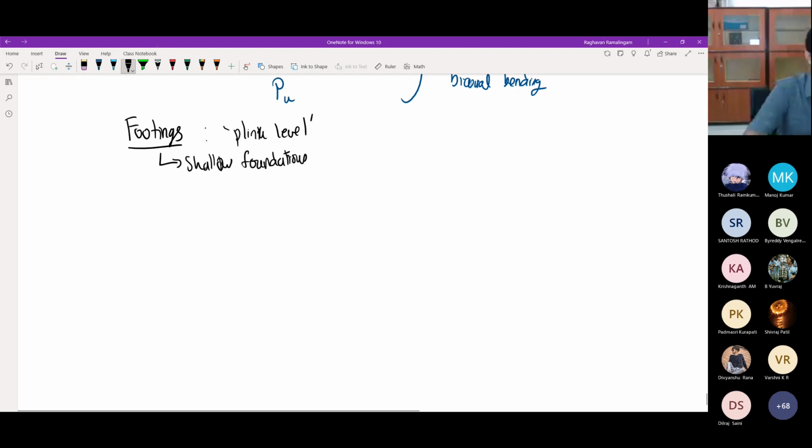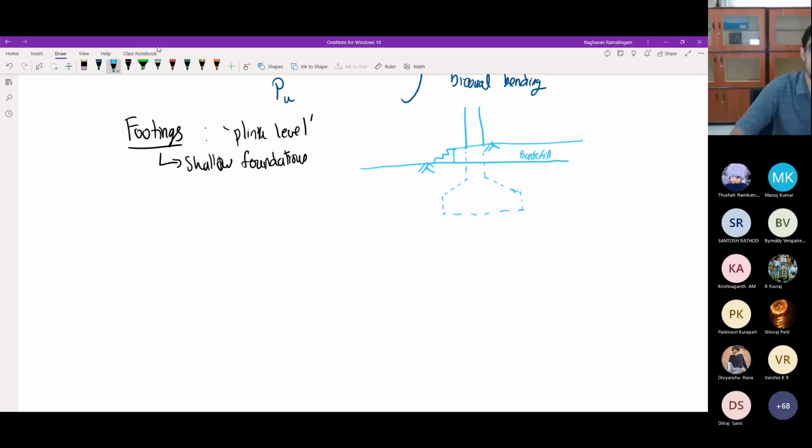So this is what a footing basically is. If you have your plinth level, this may be ground level, and the plinth level may be a bit raised, depending on the case. You may have a backfill or whatever. If there is a column, you may have a continuation of the column below the ground, and then you have your footing.